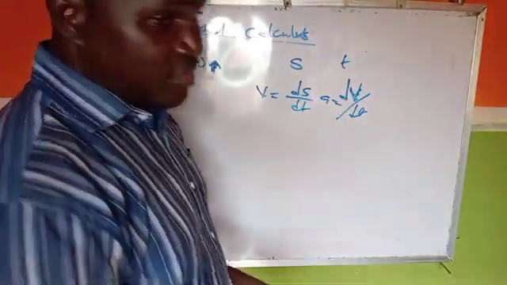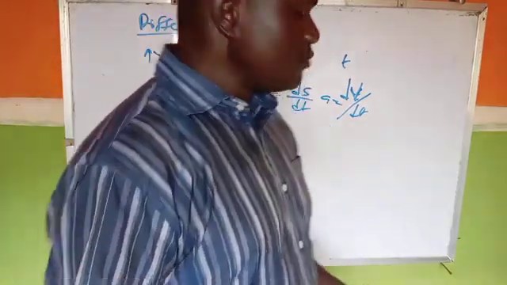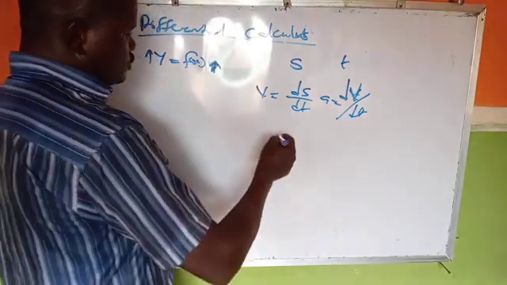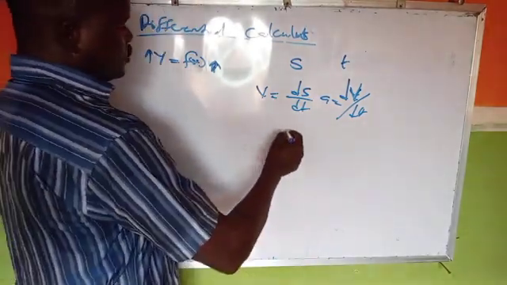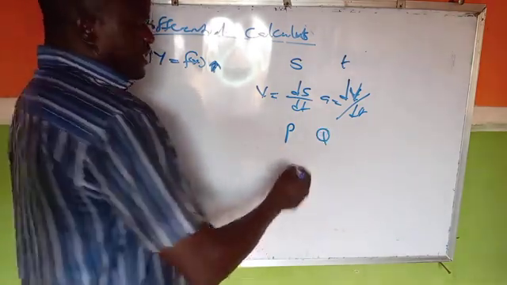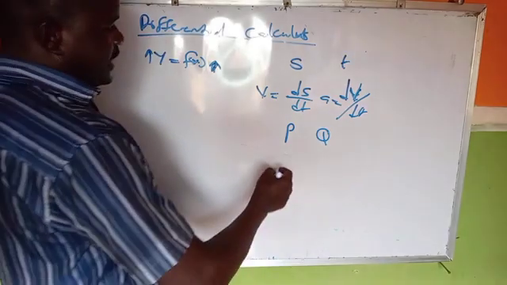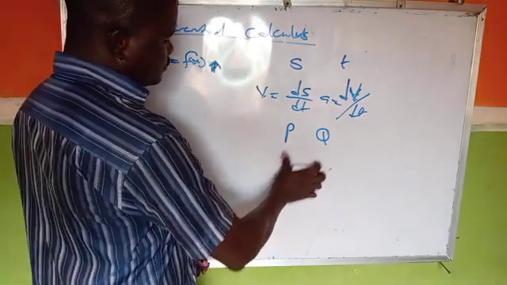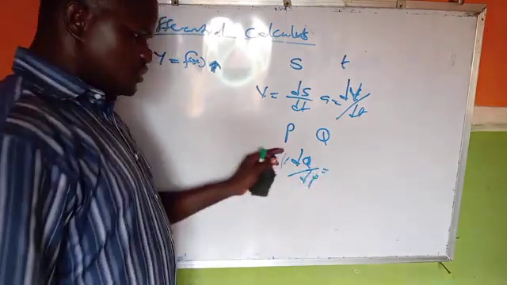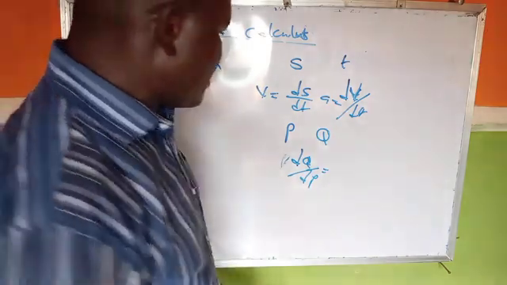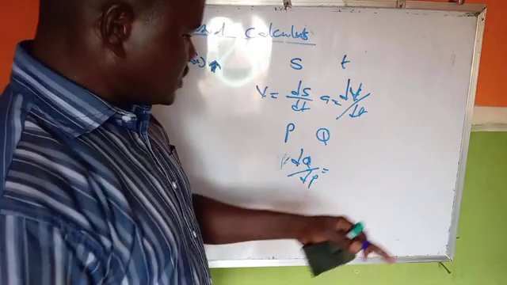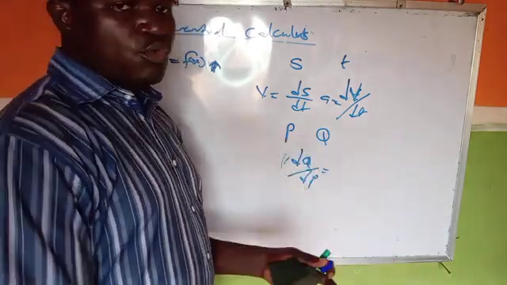In economics, you know about demand and supply and the price. You have price, you have quantity. Then you may want to look at the impact, the rate of change of Q with respect to P. If there is an increase in price, what effect is it going to have on quantity?